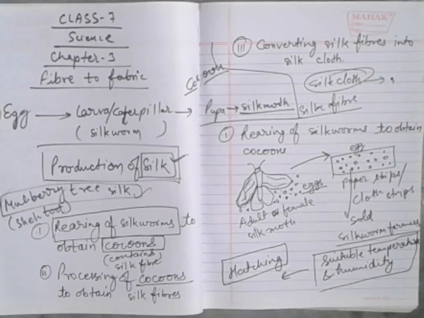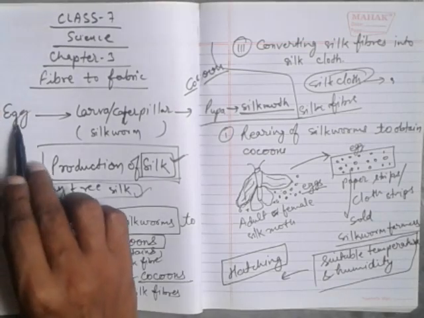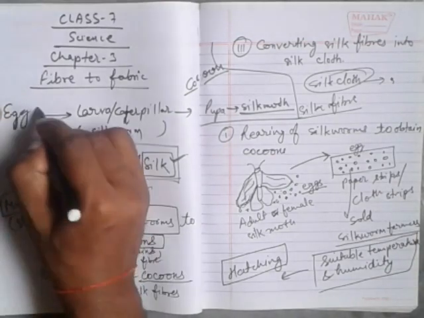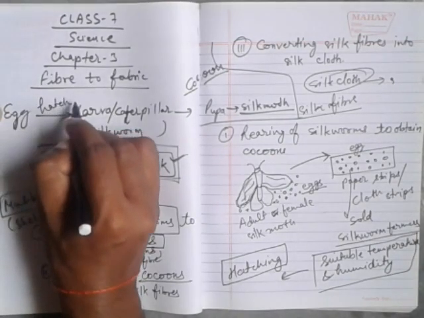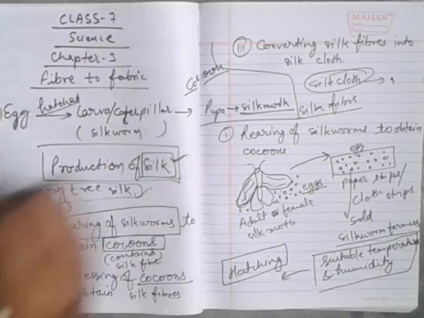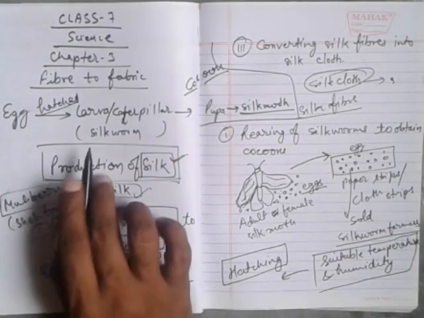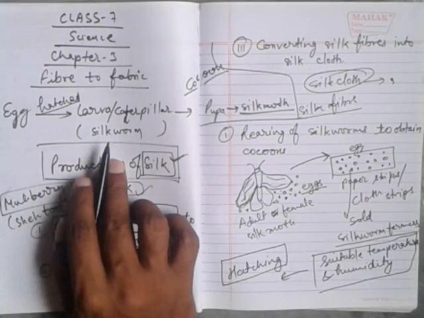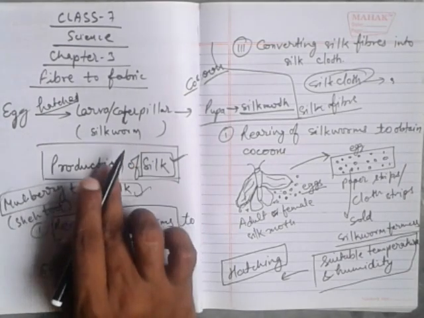When the eggs are hatched, larva or silkworm comes out of the eggs.